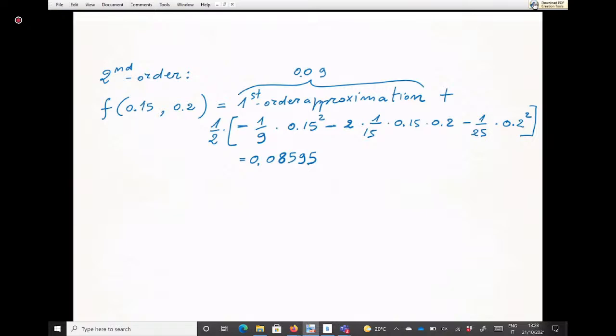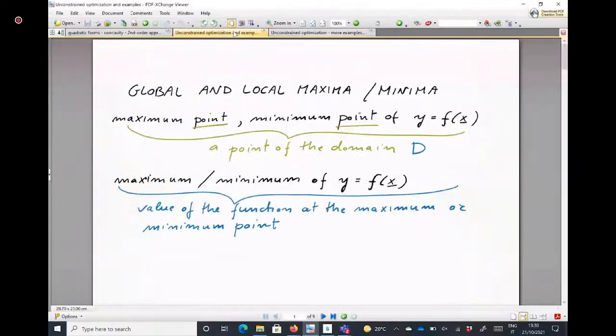Okay, so this is an example. Now, let me continue with unconstrained optimization and examples. Let me just introduce some basic concepts and then show you the examples in the next part of this lesson.